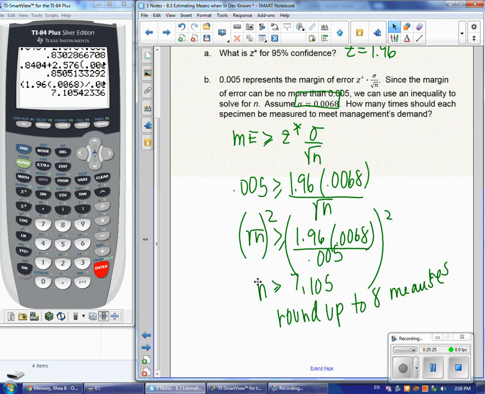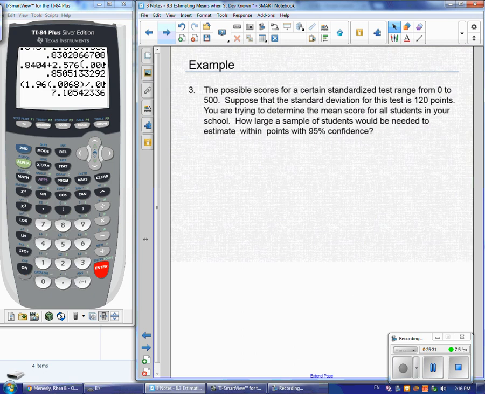My smartboard's acting weird. Okay, and then there's one more problem that's very similar to this. In number 3, the possible scores for a certain standardized test range from 0 to 500. Suppose that the standard deviation for this test is 120 points. So I'm going to take my 120 as my standard deviation. You're trying to determine a mean score for all students in your school.